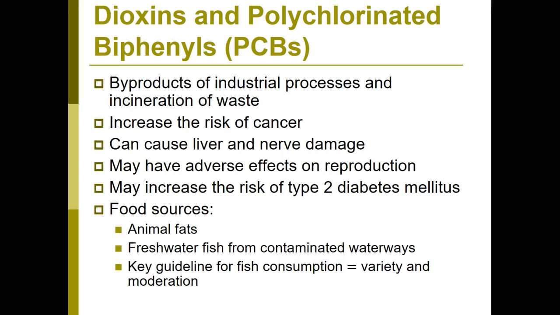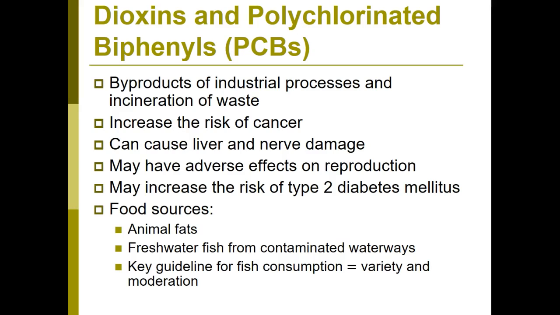Next, we're going to talk a bit more about dioxins and polychlorinated biphenyls, or PCBs. These are byproducts of industrial processes and incineration of waste, and they do increase the risk of cancer and can cause liver and nerve damage. They also may have adverse effects on reproduction and may increase the risk of type 2 diabetes.